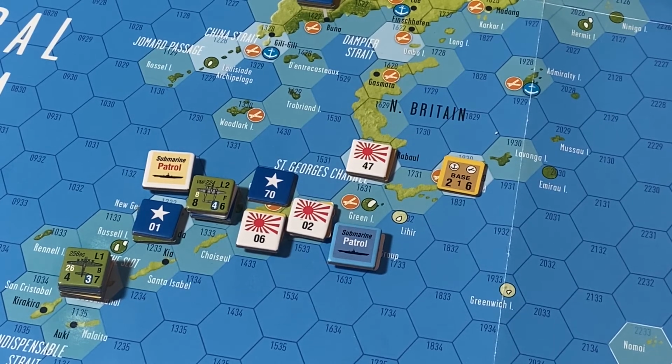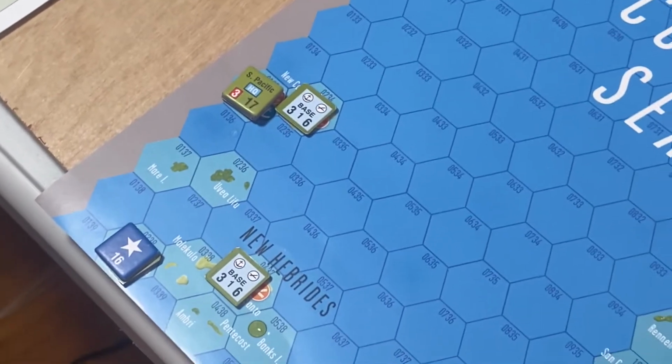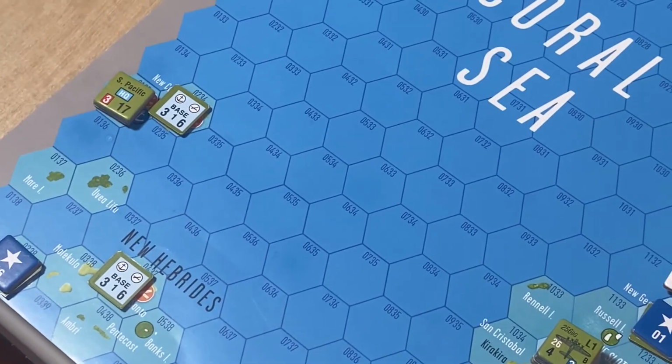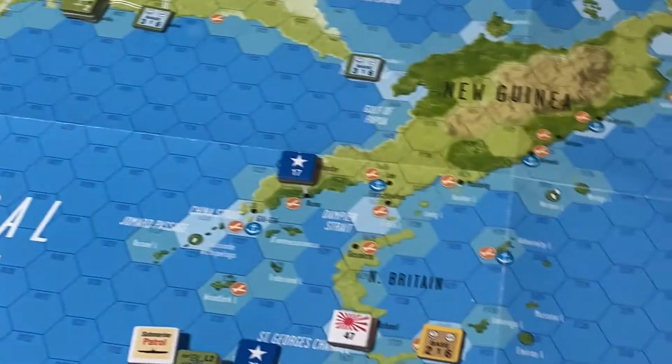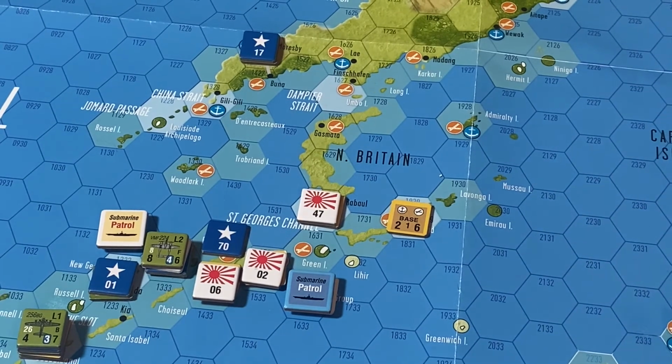The Allied side are going to bring in their carriers finally and see if we can get a 21-day operation. That's going to cost double the points, but I think we can manage that.